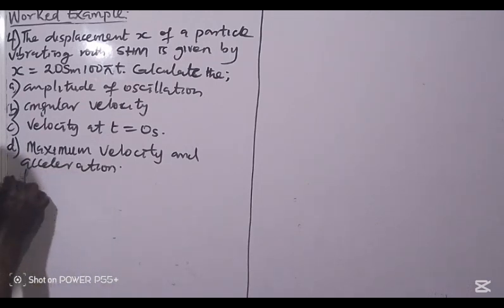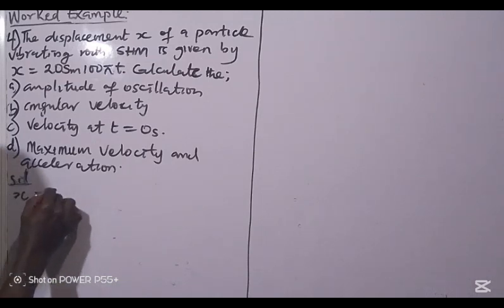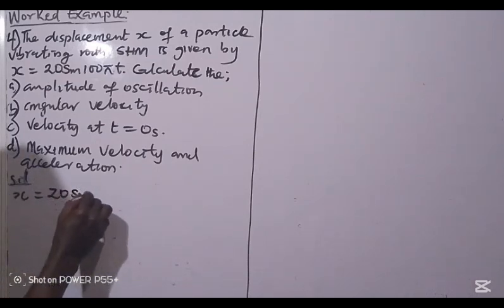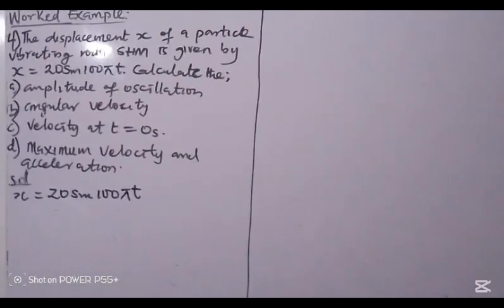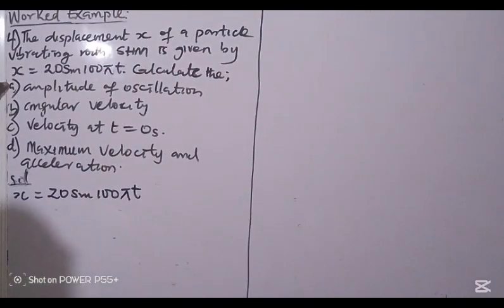Displacement S is given as 20 sine 100 pi t. Now, to calculate amplitude, don't forget the formula for displacement is equal to A sine omega t.